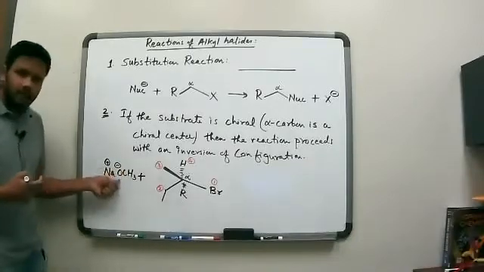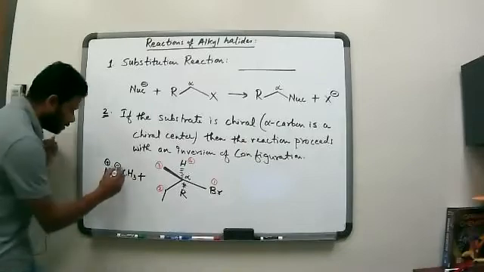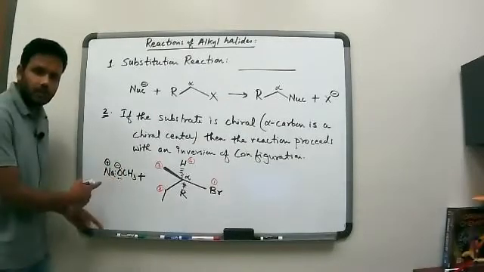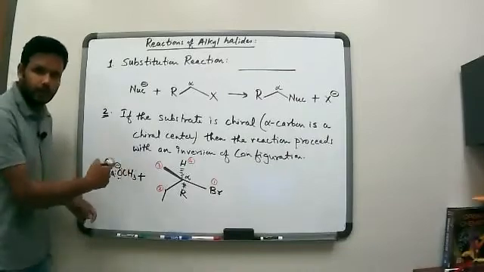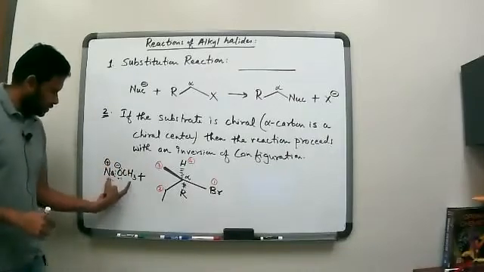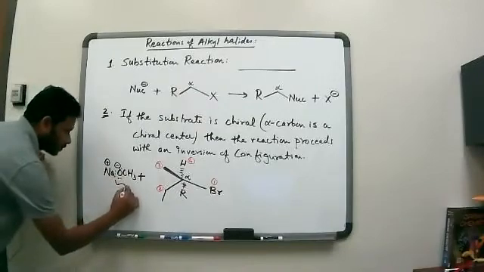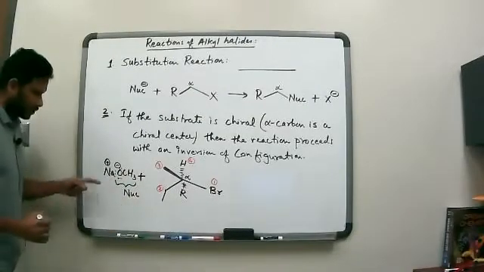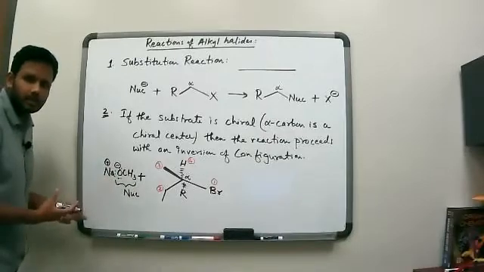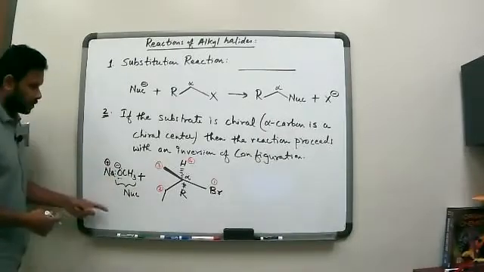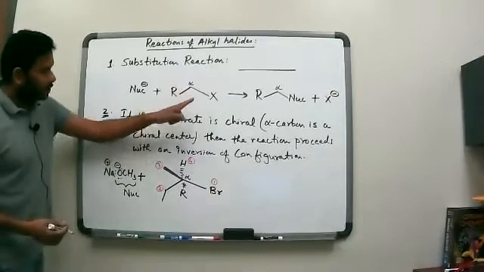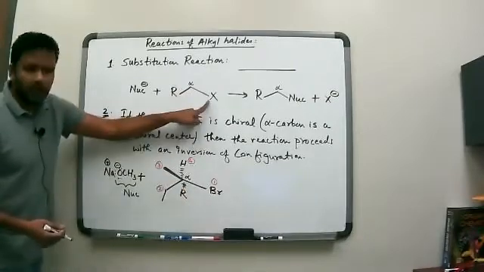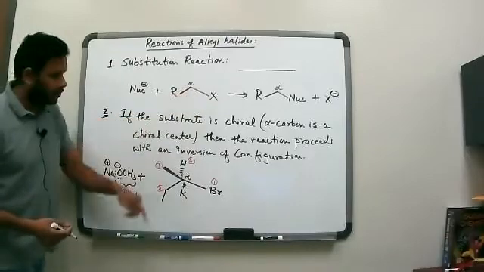That oxygen is the one which has electrons to it. So that's our nucleophile, our nuke, essentially. The sodium is just balancing the charge, so we can leave that out. What happens in this reaction is the nucleophile should substitute for the halogen at the alpha carbon.